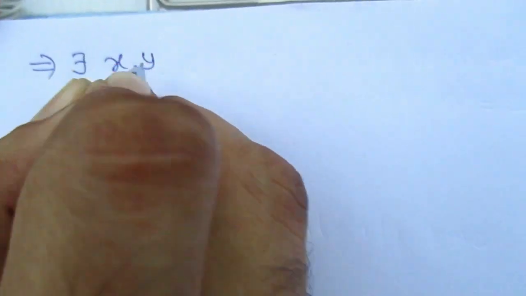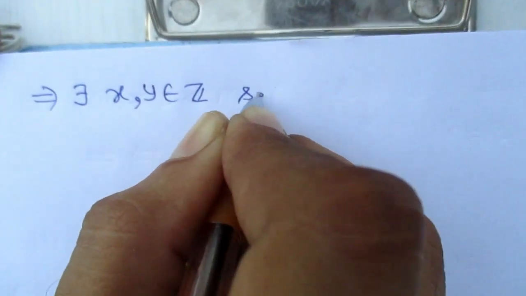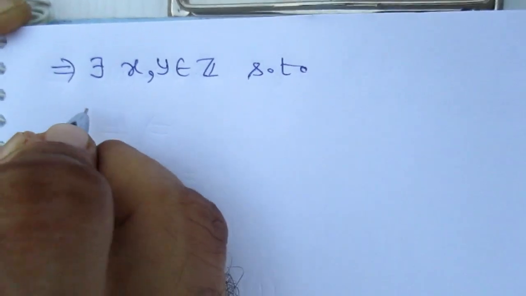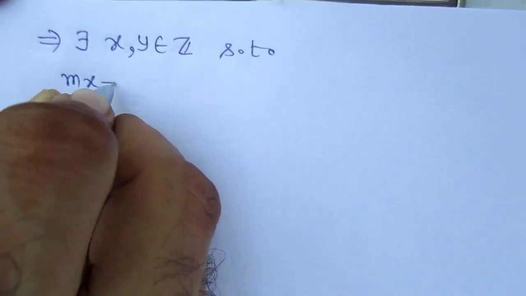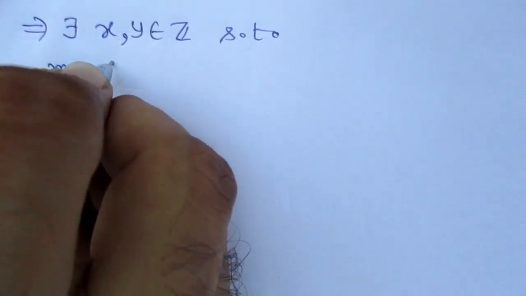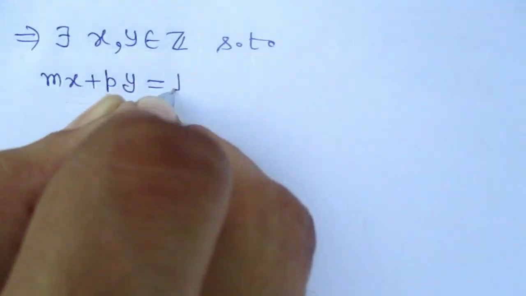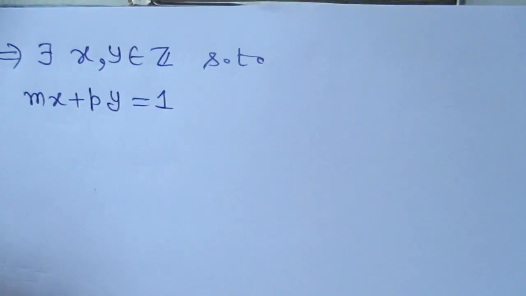Therefore there exist x, y belonging to Z such that mx plus py is equal to 1.